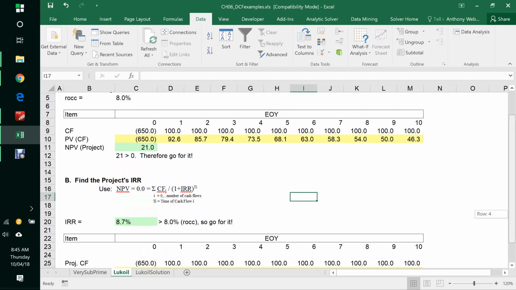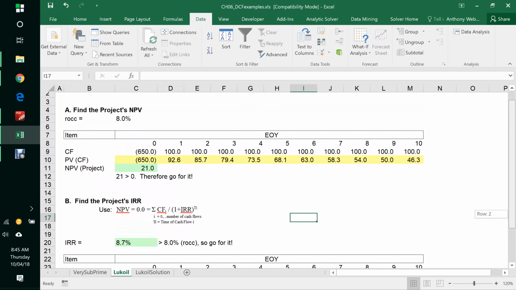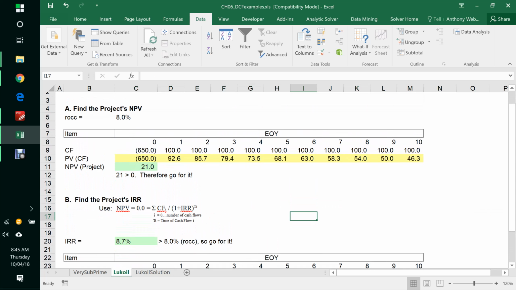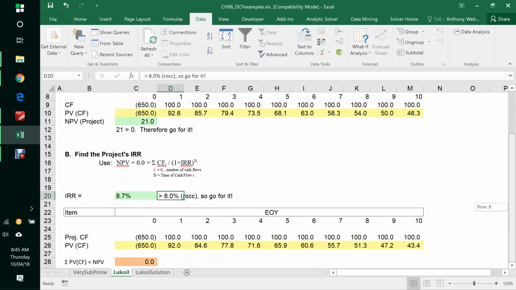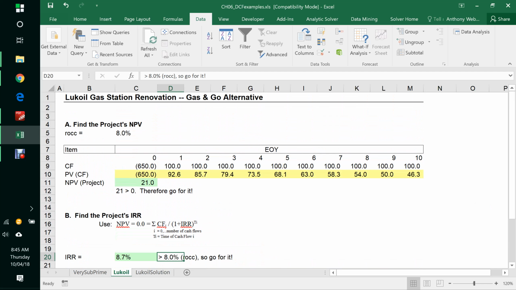But the key point here is that whenever you can use both methods, they both have to point in the same direction. So if NPV says go for it, IRR needs to say go for it. Otherwise, you have a mistake somewhere. To put it another way, if the NPV is greater than 0, the IRR needs to be greater than the cost of capital. Otherwise, you've made a mistake. They always point in the same direction.